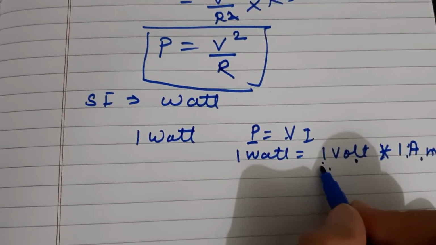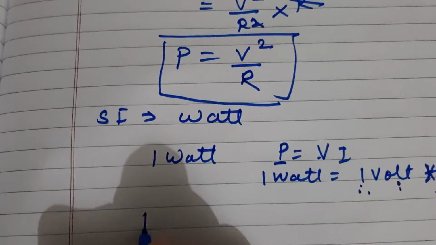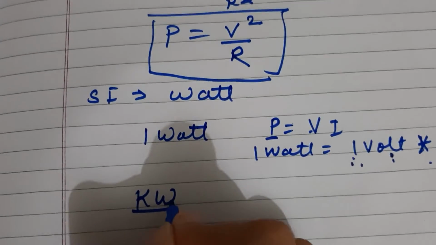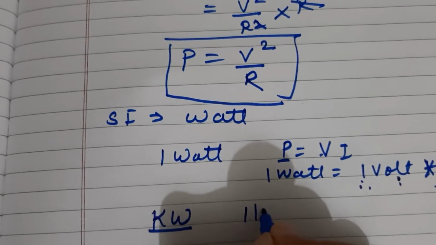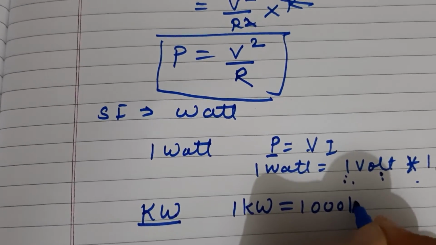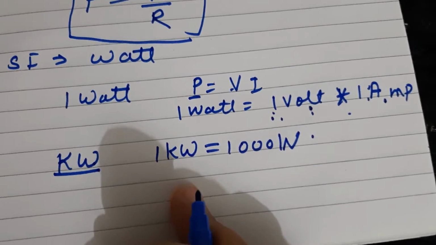The higher unit of power is the kilowatt. 1 kilowatt is equal to 1000 watt.